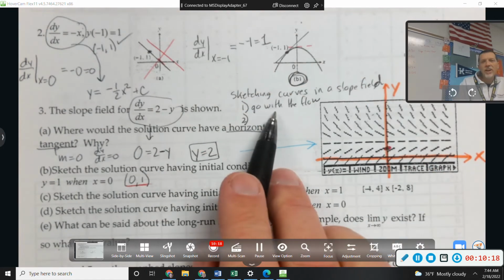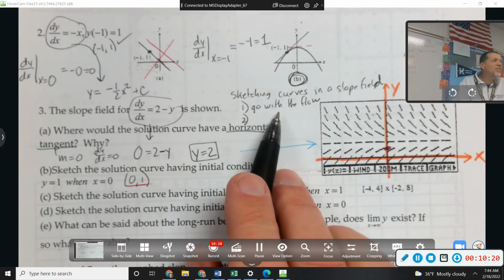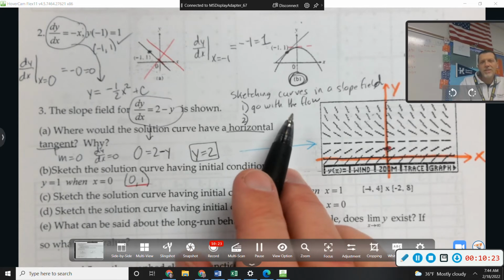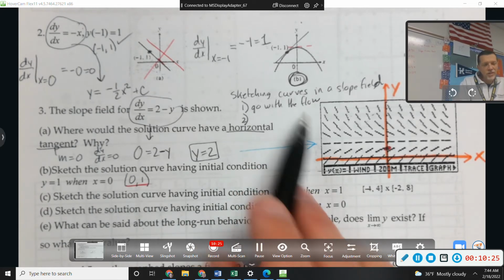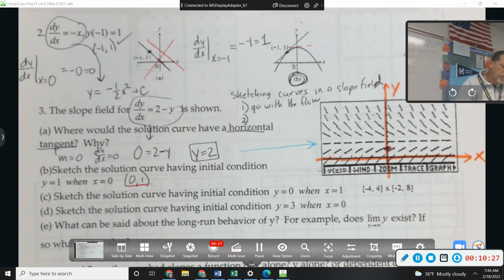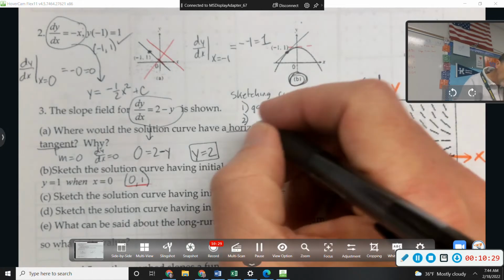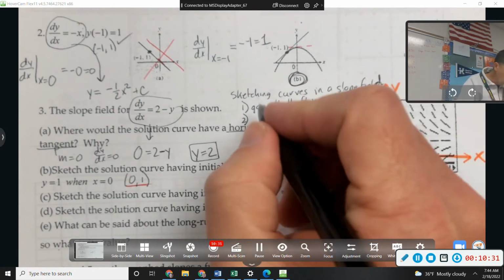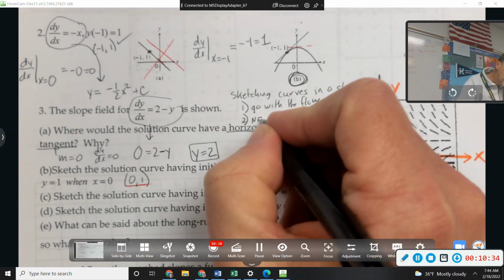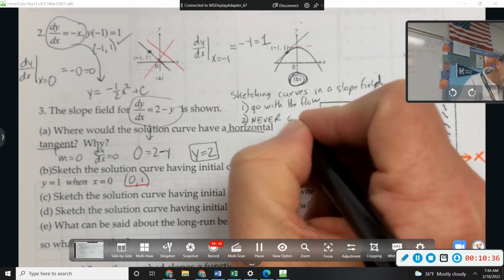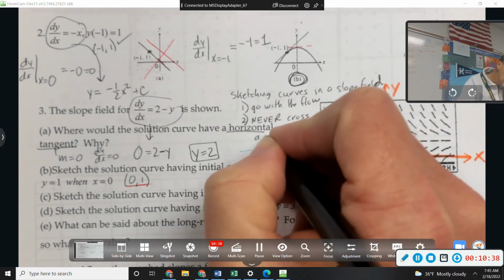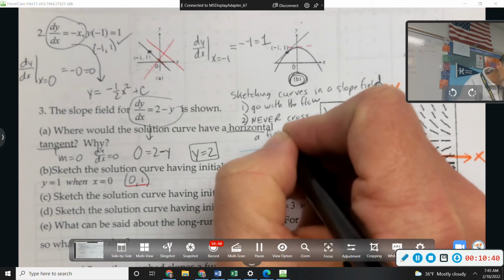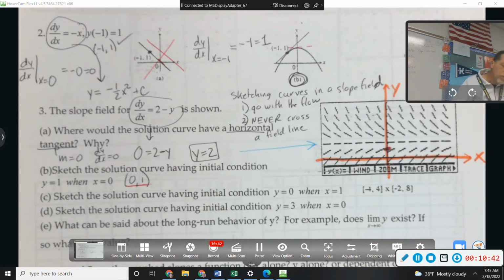That's horrible advice to high school students. Yeah, just go with the flow. It's fine. Just do what everybody else is doing. Terrible social advice, but it's how you do a slope field. Part 2 is sort of the same as part 1. Never cross a field line. Never cross one of the slope pieces. You can think of those as little slope pieces.